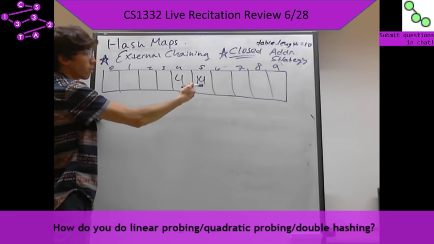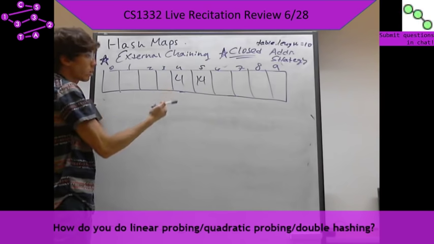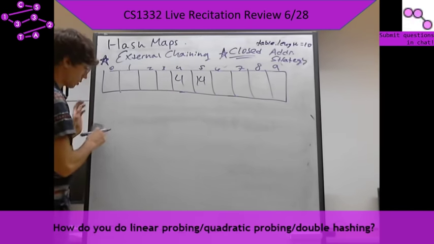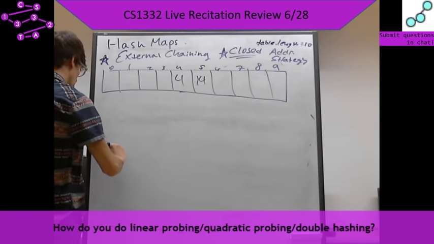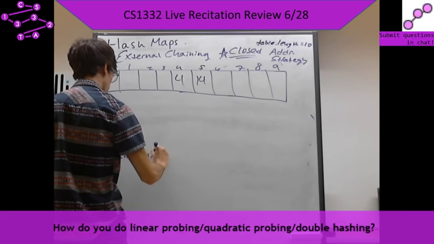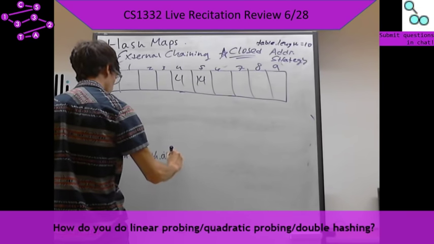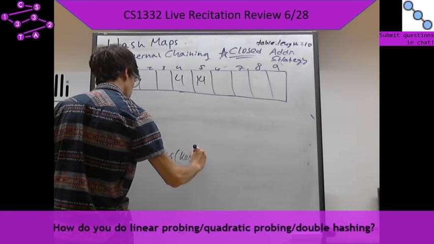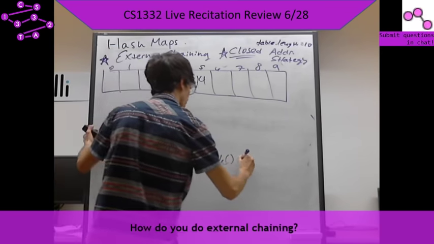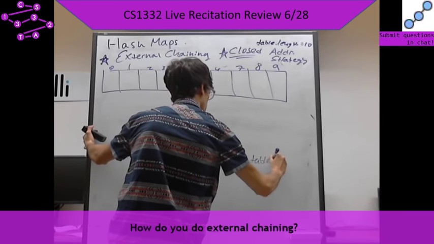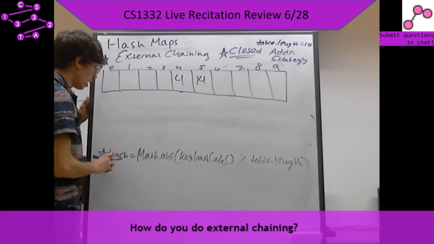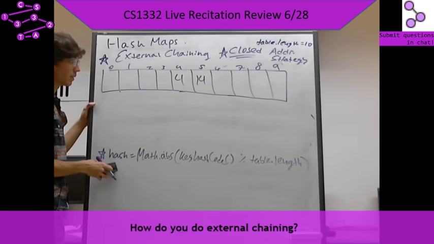And that means that 14 isn't necessarily at this first address that we calculate, which is calculated exactly the same as it's always been: Math.absolute key.hashcode and then mod table.length. So 14 might not end up in this initial spot.